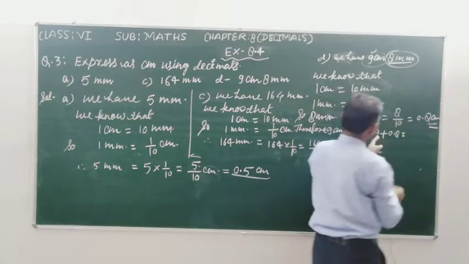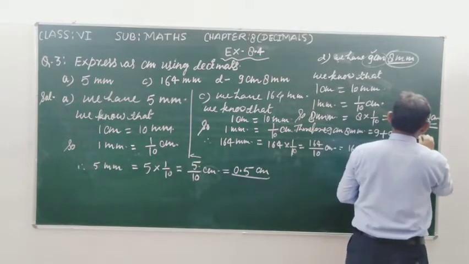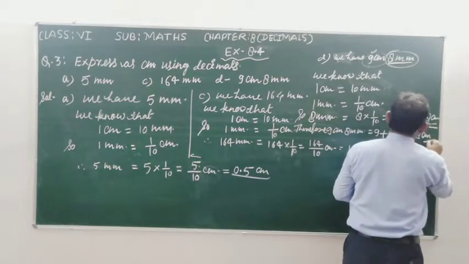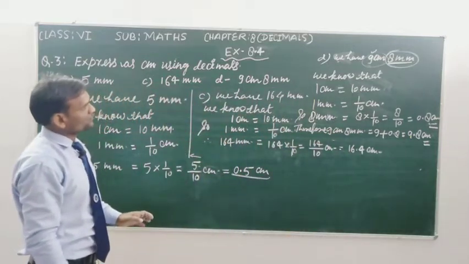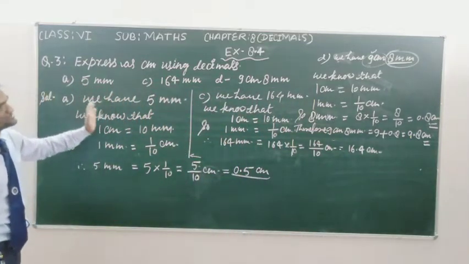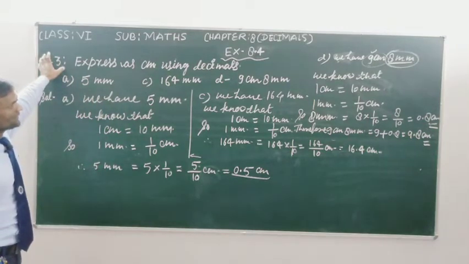So when we add these two values we get 9.8 centimeter. So student, in this way you will solve the remaining part of question number 3. I hope student you have understood question number 3.